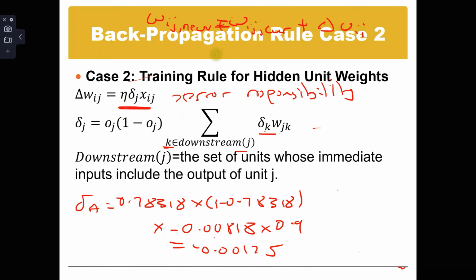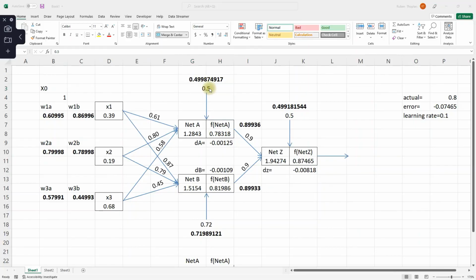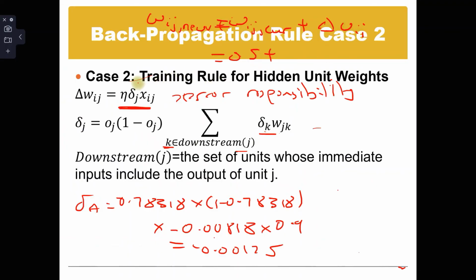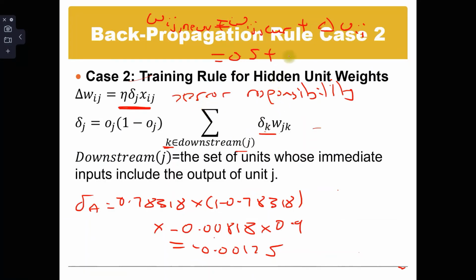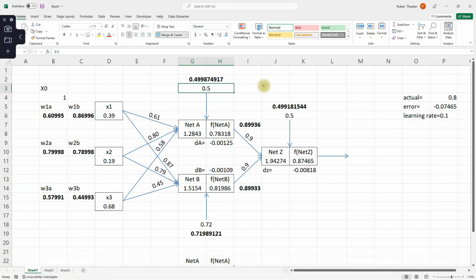So for us, our current weight is 0.5, we are referring to the 0.5 here, plus the change in the weight, which is obtained by eta, which is 0.1, multiplied by delta A, because we are referring to a node that is connected to A.